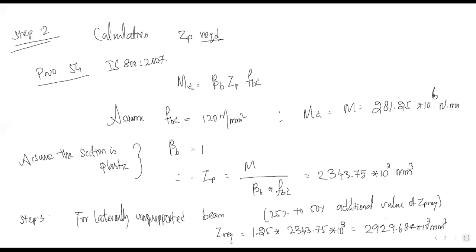Next, step 4, selection of section from steel handbook. The IS 800 code book and the steel handbook both are important for us.